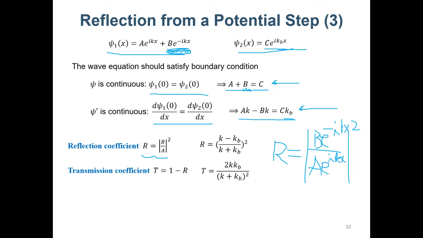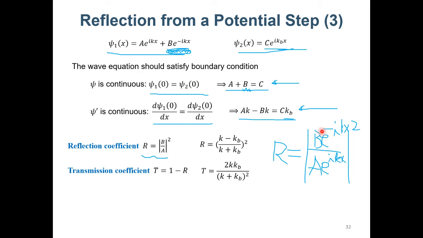So the upper term is the wave function corresponding to the particle going backward, which means that it is reflected by the potential step. This term is the wave function corresponding to the particle going in the positive x direction.